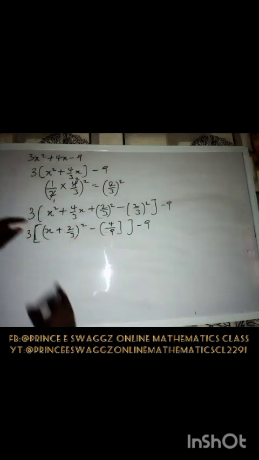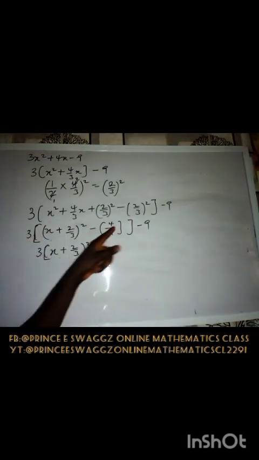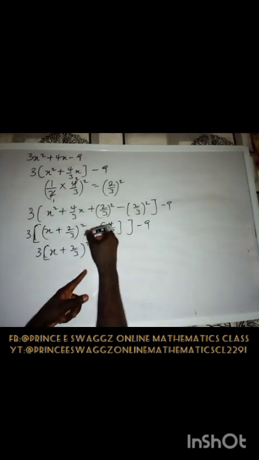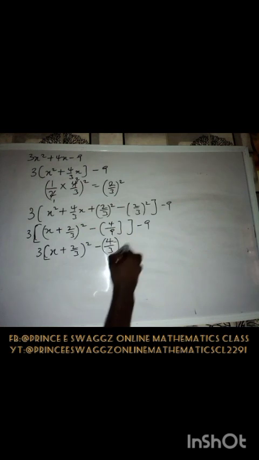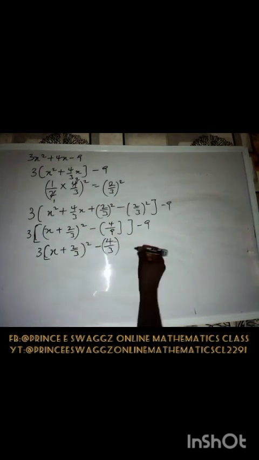Now I remove the large bracket: 3 multiplied by this gives 3 into bracket x plus 2 over 3 all squared. Then 3 multiplied by this gives minus 4 over 3, minus 9 over 1.